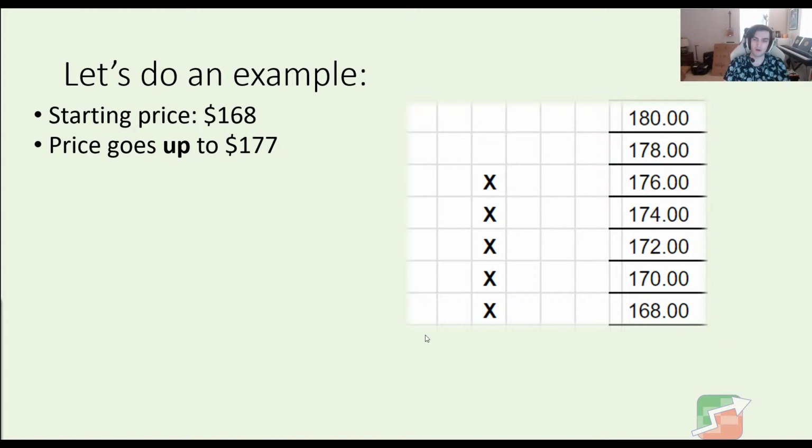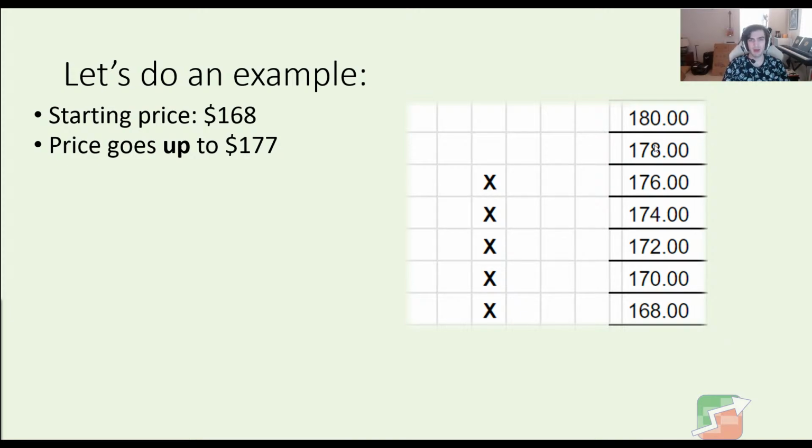So we see our price here started at $168 and it went up from 168 to 177. But 177 isn't its own box. Where is it? Well, remember, this box that says 176 is all prices from 176 up to the box above it, 178.